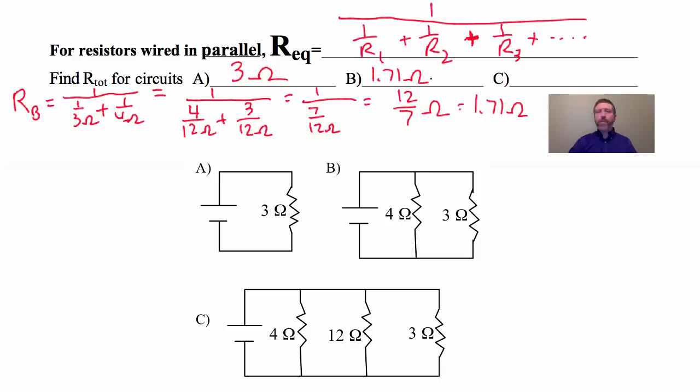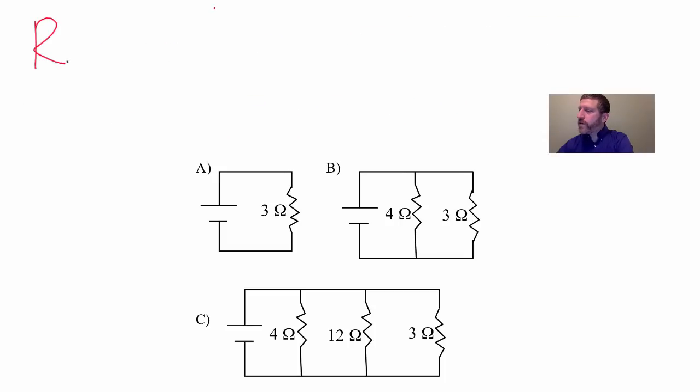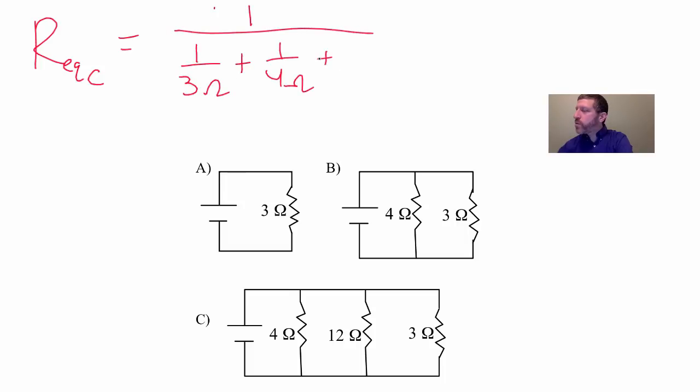Now, what can you predict about C? Before you do any calculations, you should be able to predict what that's going to be less than. Well, if you've done this and understand it, you know that it's going to be less than 1.7, and go ahead and figure out the resistance of that. So our equivalent of C is equal to 1 over 3 ohms plus 1 over 4 ohms plus 1 over 12 ohms.